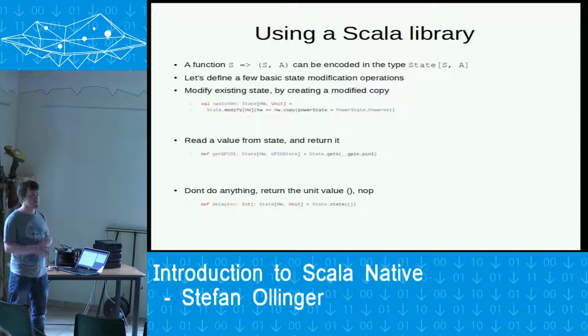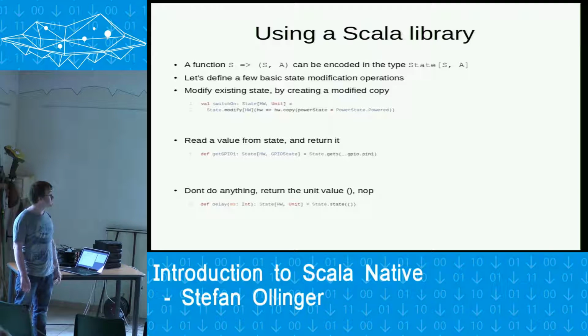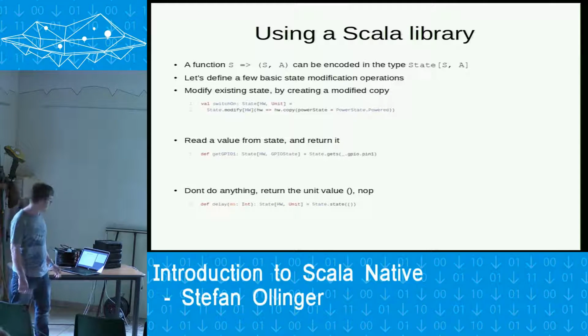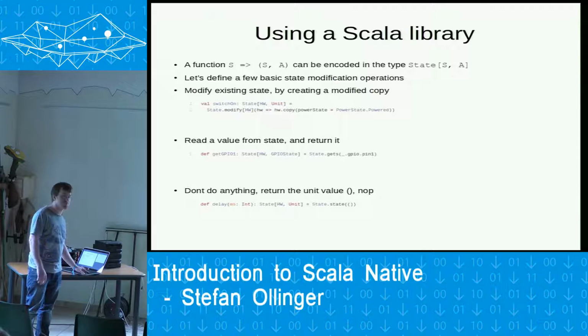So it returns a new value of the type. There are 2 functions more, which basically first return the state of the first GPIO pin, and the second is a no-op operation. So atomic building blocks of a program.